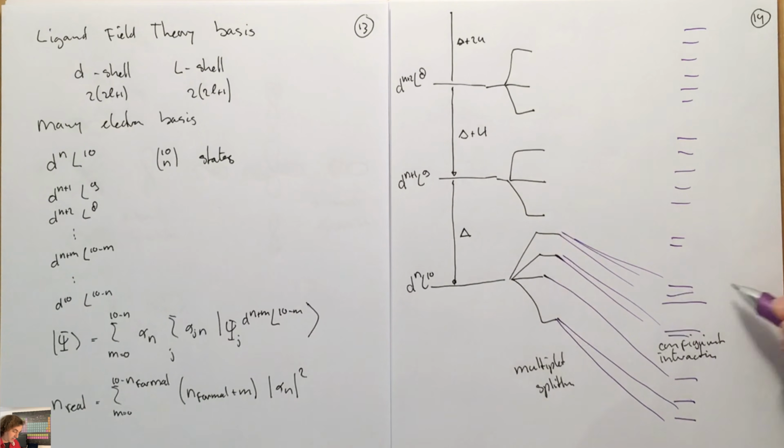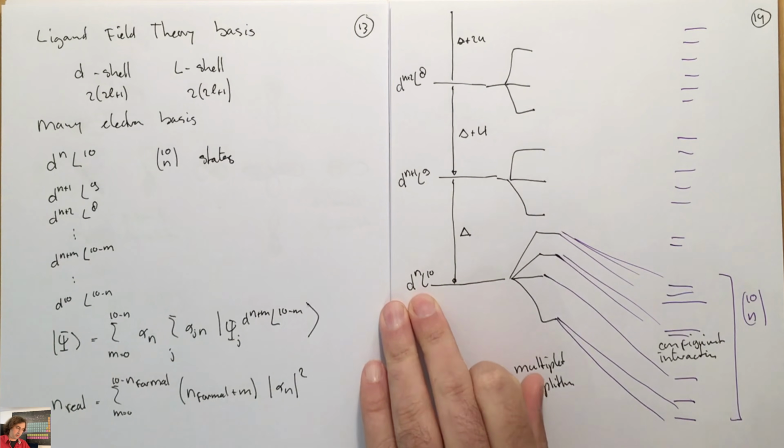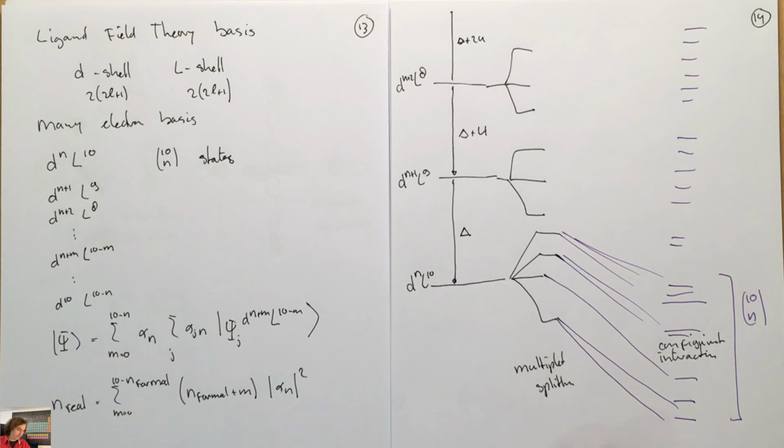That said, you still have the same number of states that we had before, 10 over n, which is just given by the multiplicity that we have for our lowest configuration.